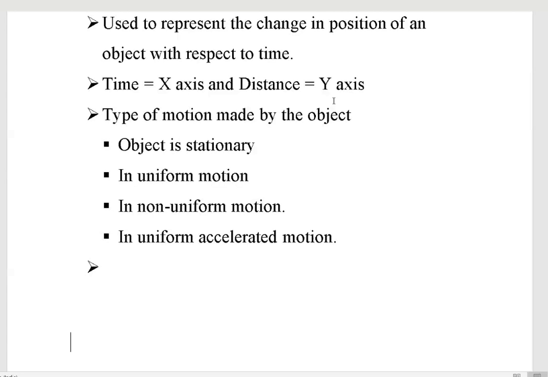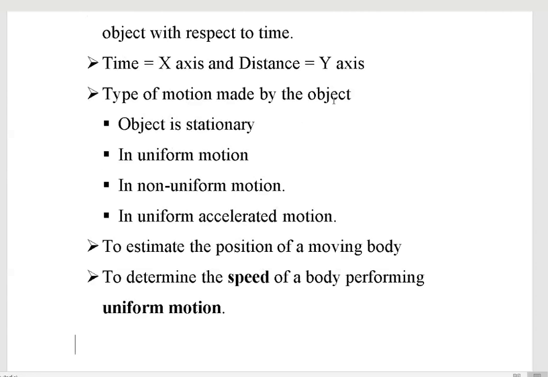The second thing dt graphs help us to find out is to estimate the position of a moving object. And the third thing is to determine the speed of a moving object if that object is performing uniform motion.